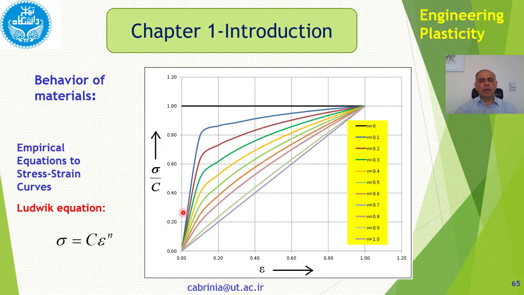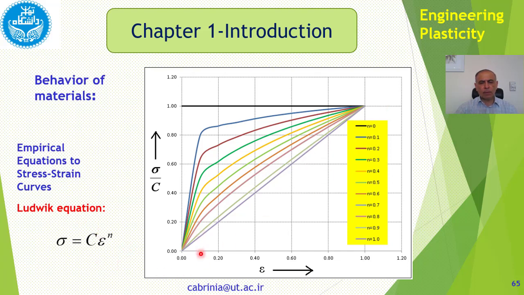So we have here sigma over c and epsilon. We have plotted it. We have given some values to epsilon, and we get a value for sigma if we have numbers for c and n. As you can see, we have changed n from 0 to 1 to see how it behaves for different materials. One curve may fit one material, the other may fit another material.